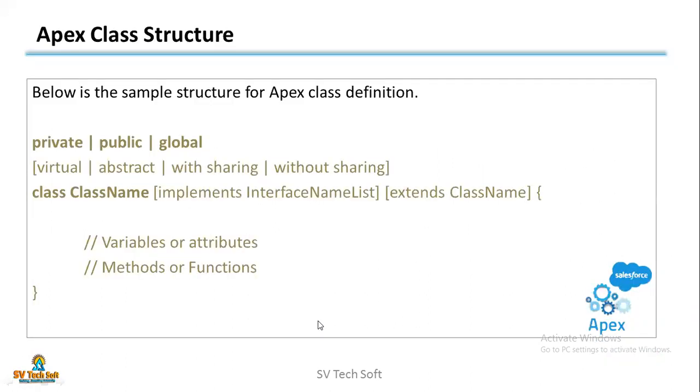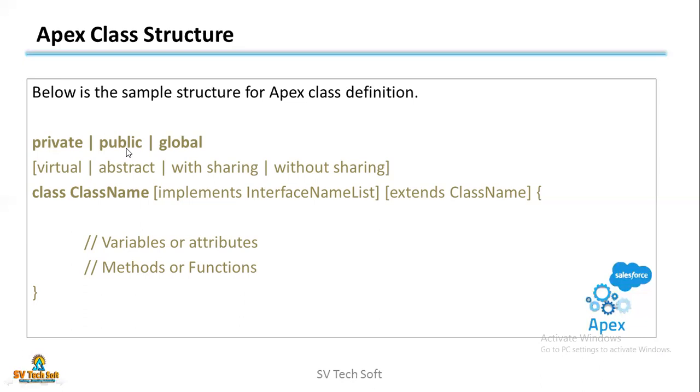Now, what syntax do we have to follow to create an Apex class? First, you have to define the access specifier. What is private? What is public? What is global? We will discuss this in detail in our regular session. No need to worry. In this demo I have given only a high level view, because we need to cover a lot of concepts.